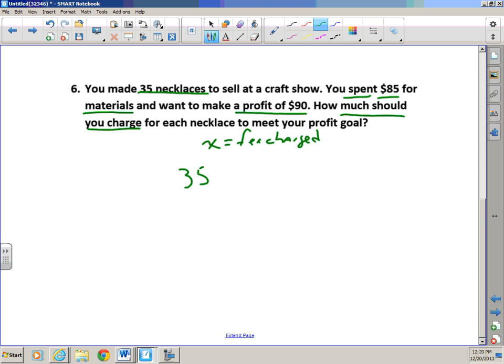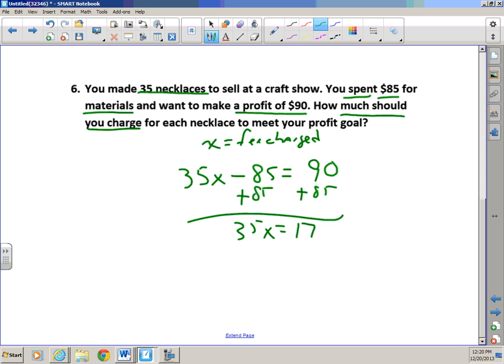So 35 times X is how much money I'm going to collect, and I spent 85, so that's a minus, and I want to make 90. I add 85. 35X equals 175. So if I charge $5 per necklace, then I'm going to make my profit of $90.